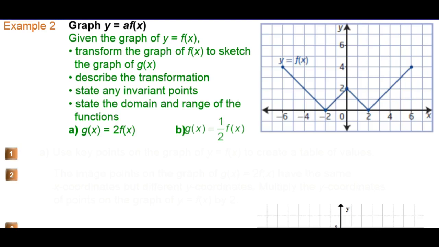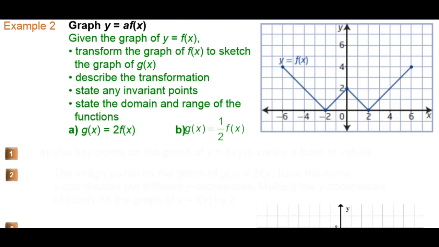And then we're at 0 and, what are we at, 0 and 4. Then 2 and 0, another invariant point. And then we were at 6 and 8. If I drew this, my new picture looks like this.